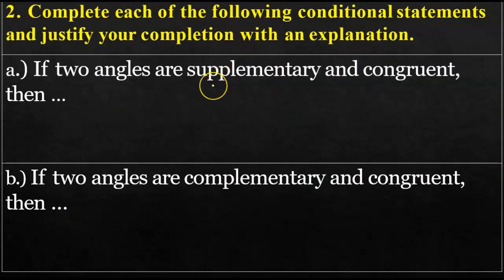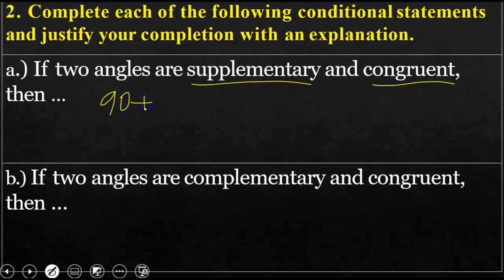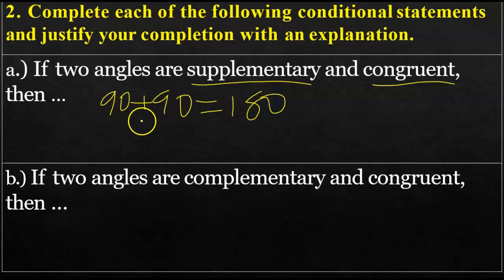If two angles are supplementary and congruent, which means they are equal to each other, think of it: what angle could you add to itself and get 180 degrees? That must be 90, because 90 plus 90 gives you 180. There's no other number you can add to itself and get 180.